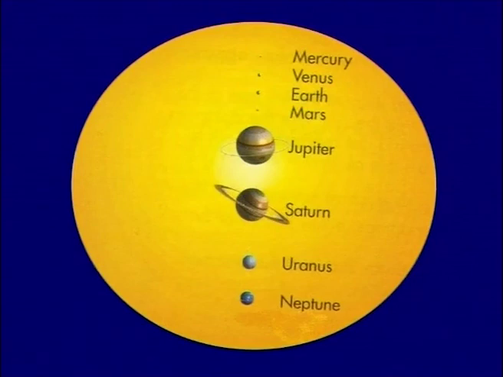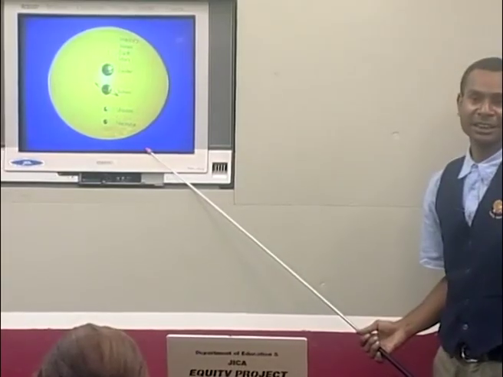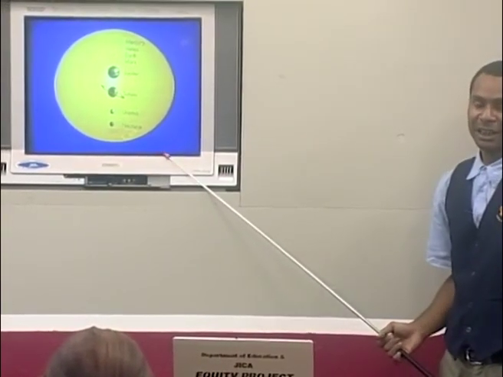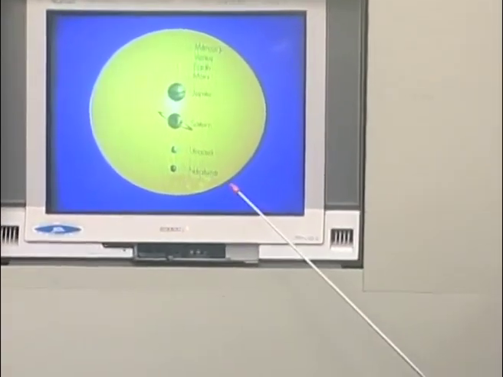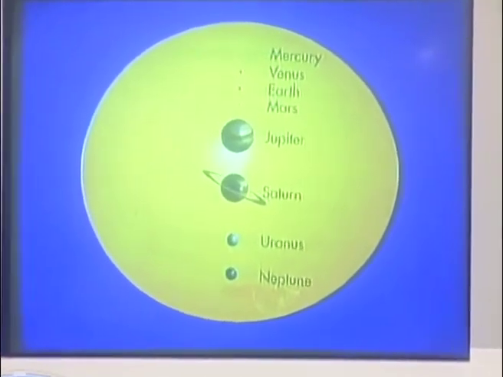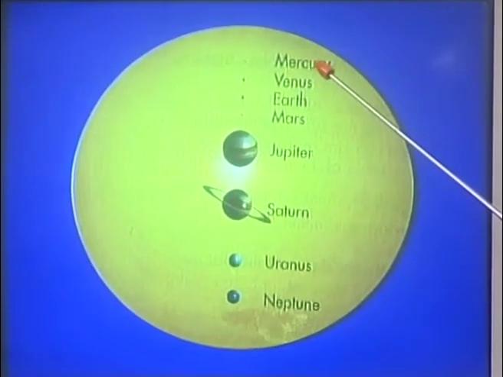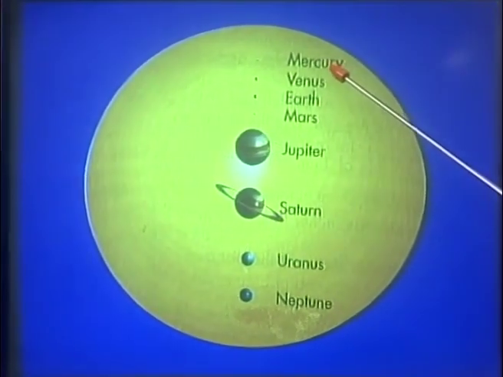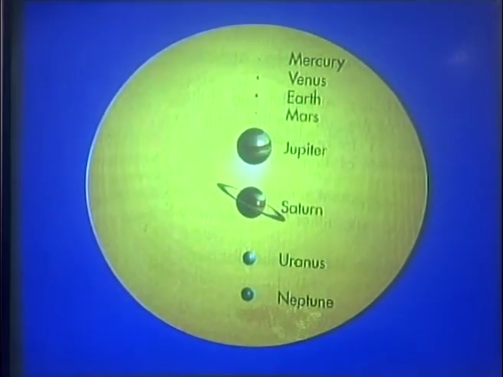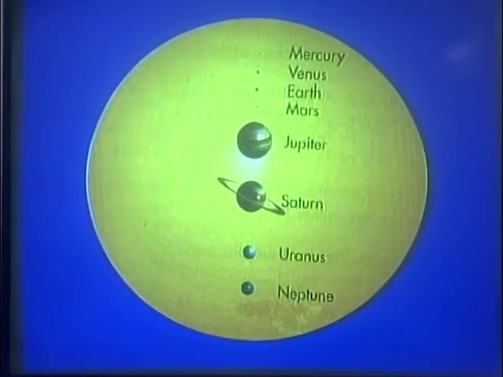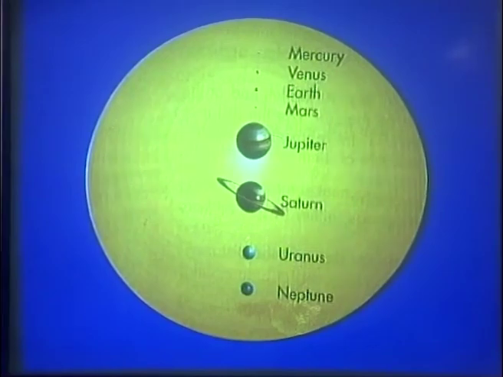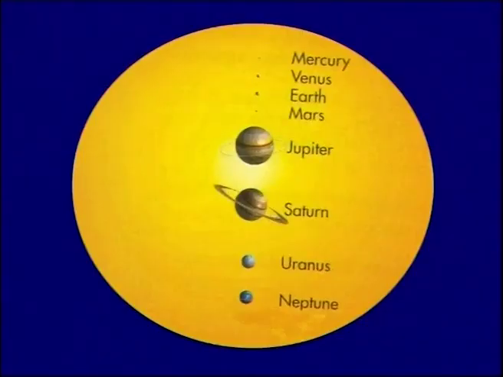Can you see the size of the sun? That is how the sun looks. And the planet Mercury at the top, it is a very fine point, just like a dot that you create with the ink of a biro. That is the size of the planet Mercury compared to the sun.